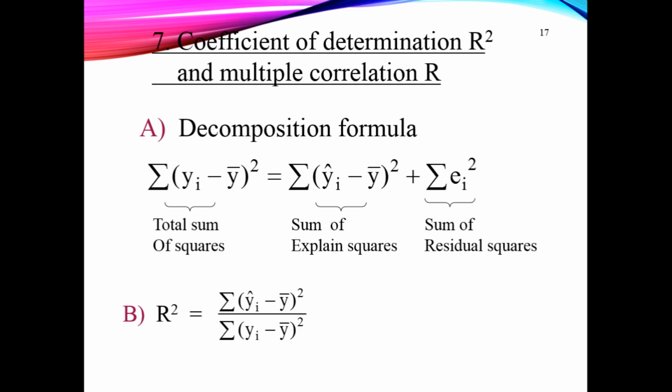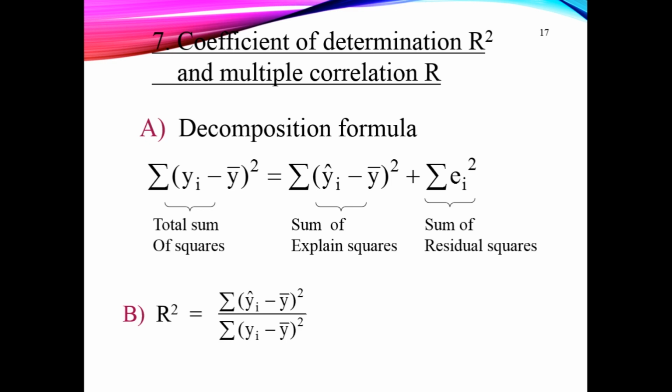So we will also show you how to measure the global linkage between our main variable and the explanatory variables.